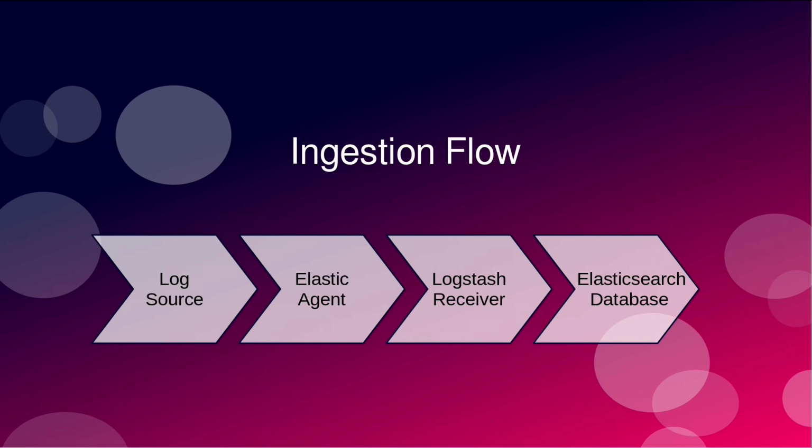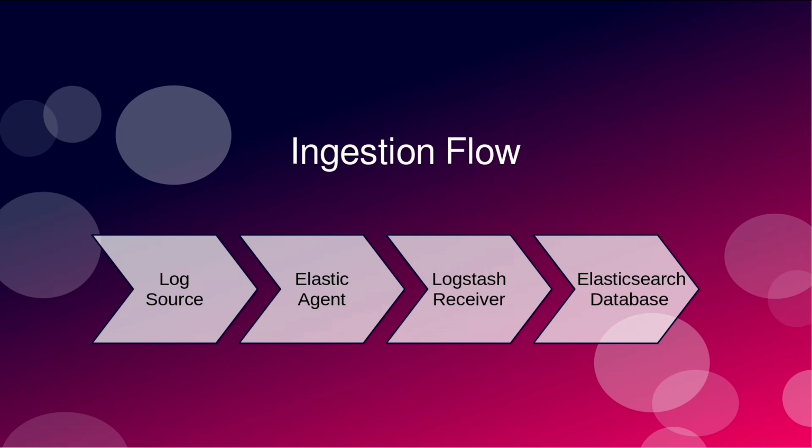So what does the ingestion flow look like when we're putting logs into this manager search? Well, we start with the log source, whatever it might be, an endpoint or a network device or a cloud service, whatever it is that's generating the logs that we want to see. That log source passes the data in some way, and we'll walk through the Windows example in a minute, to the Elastic Agent.